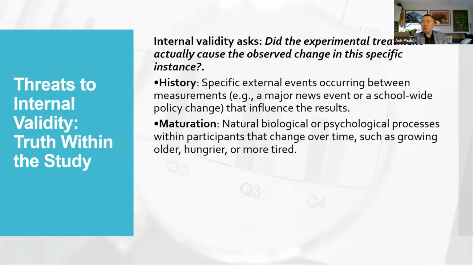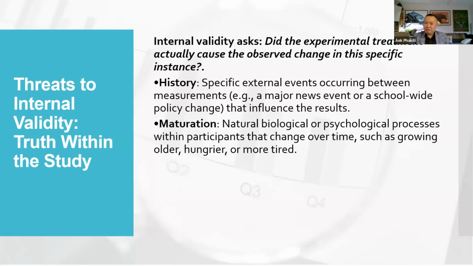Then there is maturation. If you want to research young children, their brains develop, right? It's a natural progression of human development. People become smarter as they grow older. Hopefully this is true. That's the hypothesis: children get smarter as they grow up.